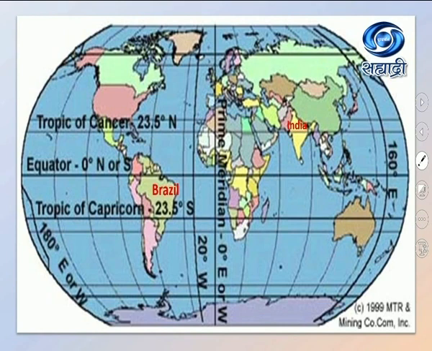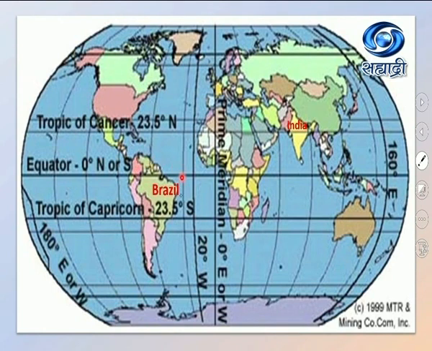Secondly, the equator passes through the northern part of Brazil, and Tropic of Capricorn also passes in the southern portion of Brazil. So these two imaginary lines pass through Brazil, and Brazil is also located in the northeastern part of South America.